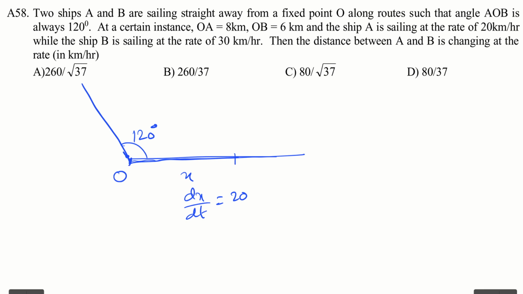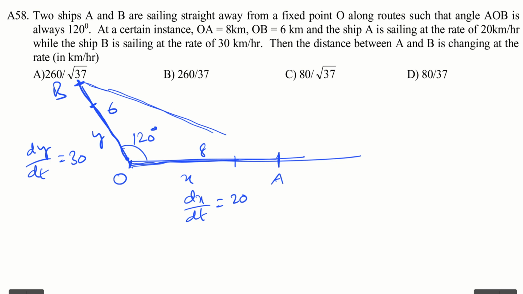And this side, if I assume that the distance from O to the ship as y, then he gave dy by dt is equal to 30. Of course, these are the rates at which the ships are sailing when the ship A is at a distance of 8 kilometers from O and ship B is at a distance of 6 kilometers from O. Now, let me assume the distance between A and B between the ships at any moment to be z.